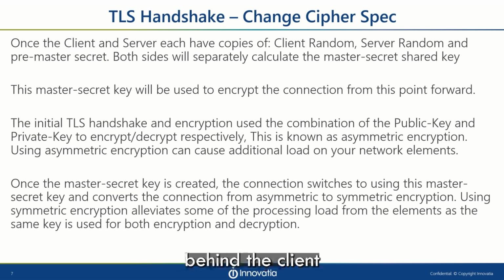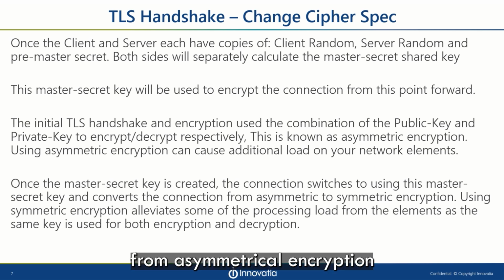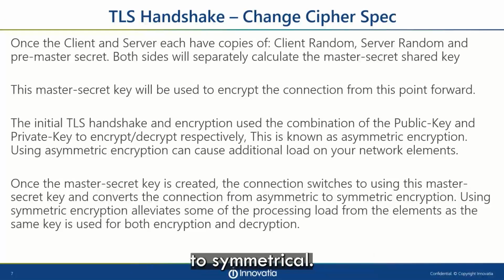The whole purpose behind the client and the server using these 3 large randomly generated numbers to calculate a master secret key is because the goal is to switch this connection from asymmetrical encryption to symmetrical. Why would we do this?